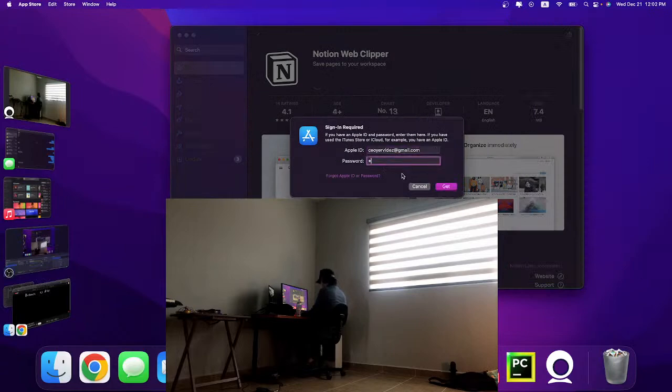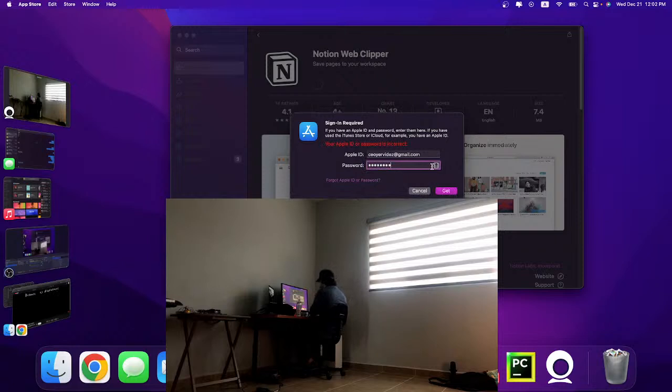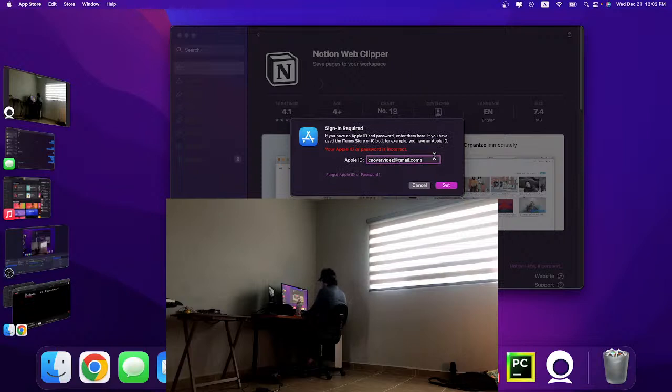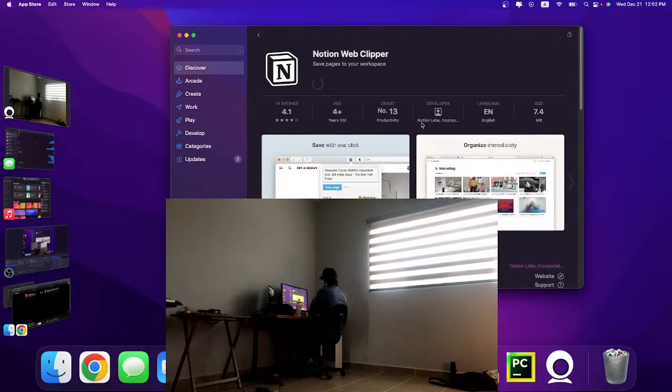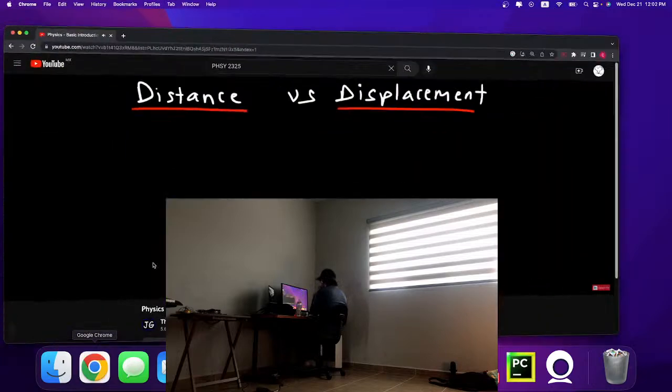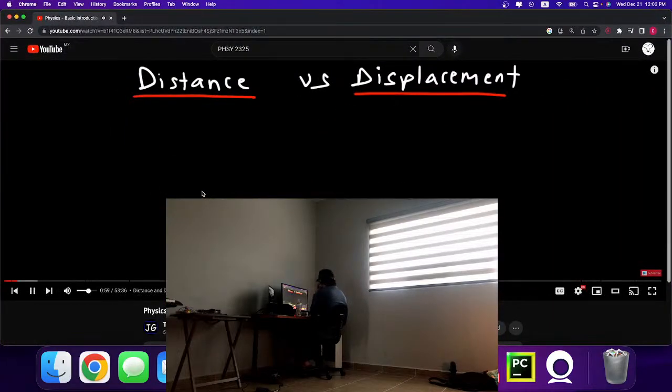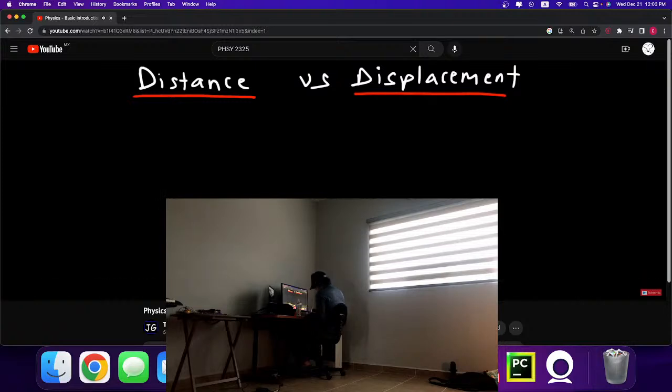Now, many of you out there are very familiar with the word distance. When you think of distance, or when you hear the word distance, what do you think of? I think of how far something has traveled. So let's say the distance between one city to another could be 100 miles. And so is the difference between 2 points. Now, displacement is very similar to distance, but displacement encompasses direction as well.